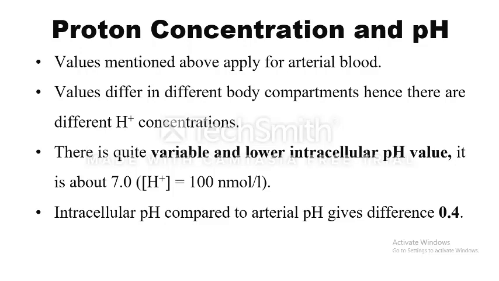This is for the case of intracellular pH. Intracellular pH compared to arterial pH gives a difference of 0.4, which is quite high. So you can see the pH in our intracellular compartment is lower as compared to the arterial blood.